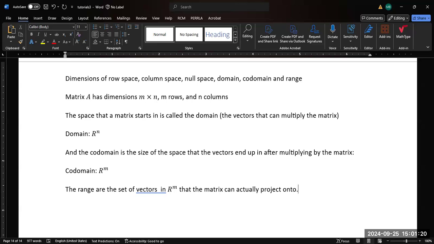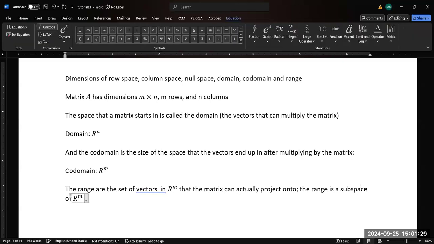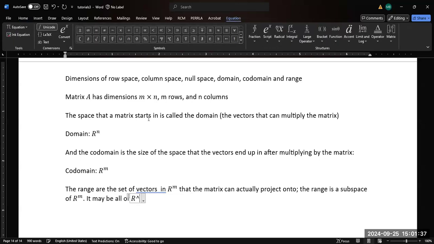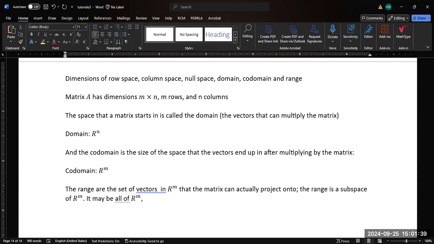So the range is a subspace of Rm. Now, it may be all of Rm, but it might not be. So that's the distinction here.